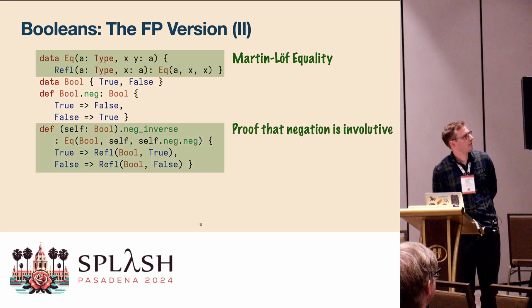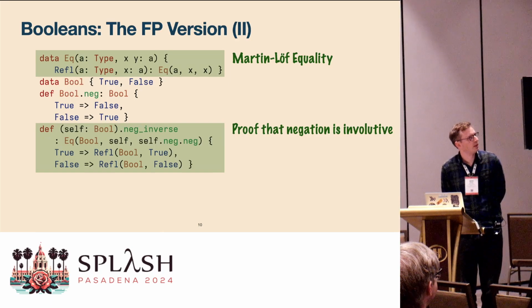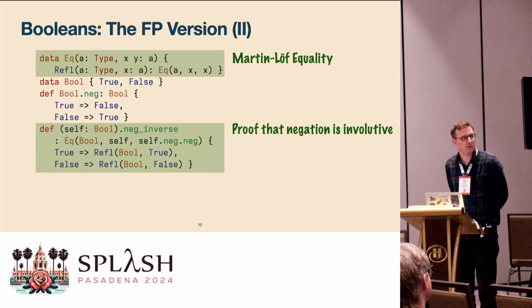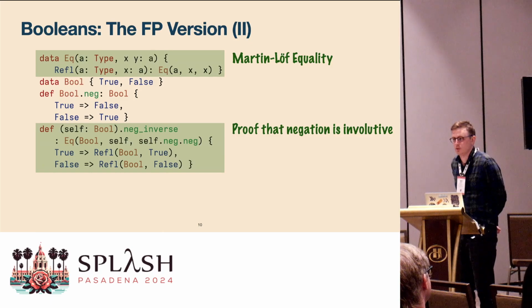And instead of just implementing negation, we also prove that negation is involutive. So this is a proof that applied to any Boolean here called self proves that if we apply negation twice to self, then that is equal to what we have started with.